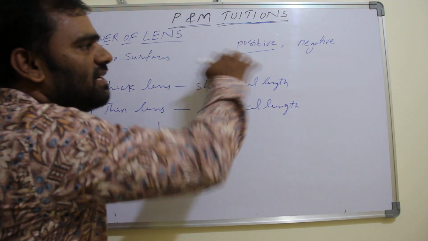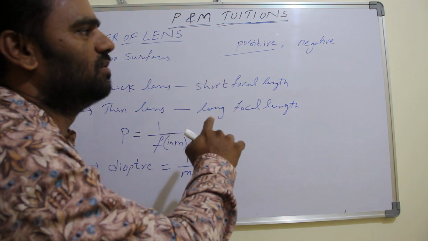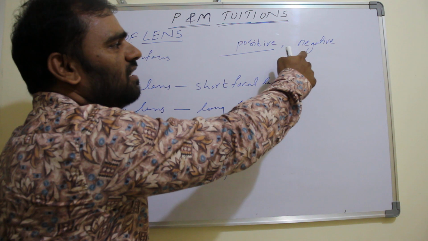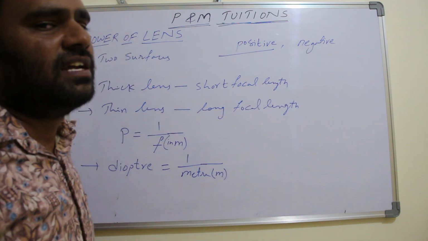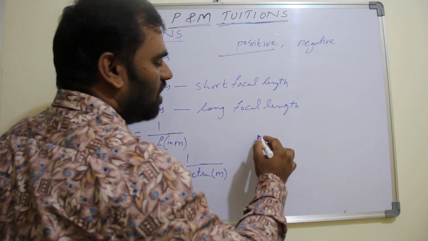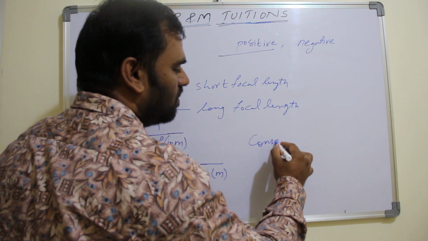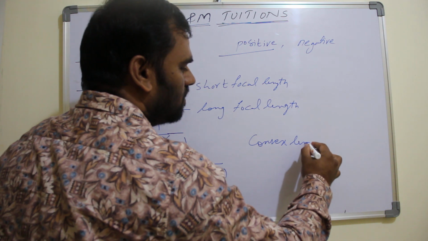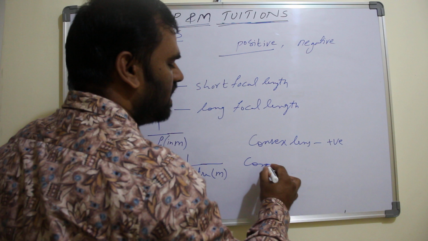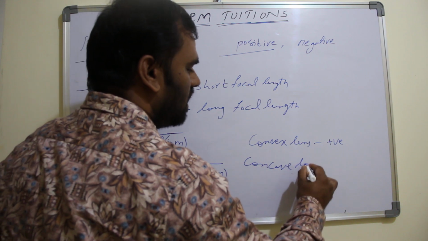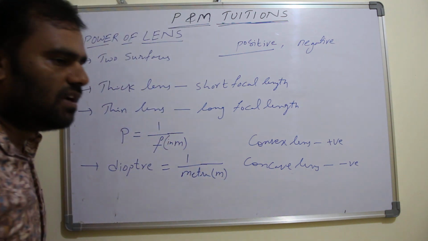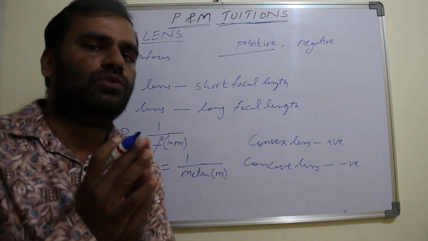That means for a convex lens, power is positive, and for a concave lens, power is negative.